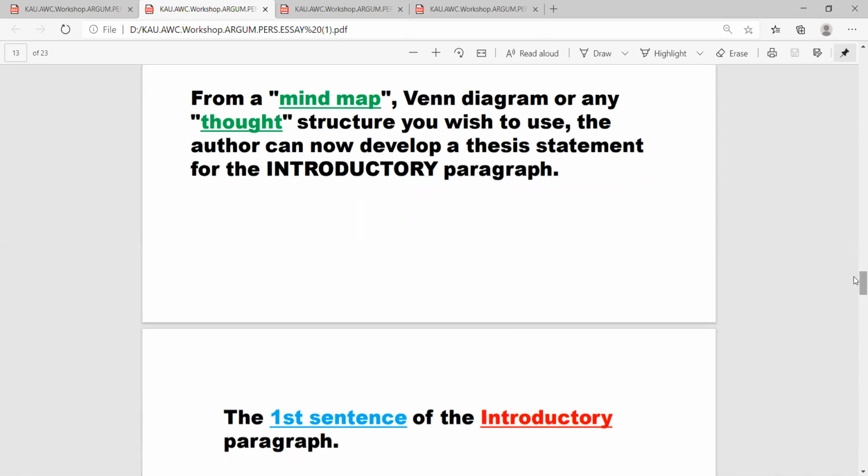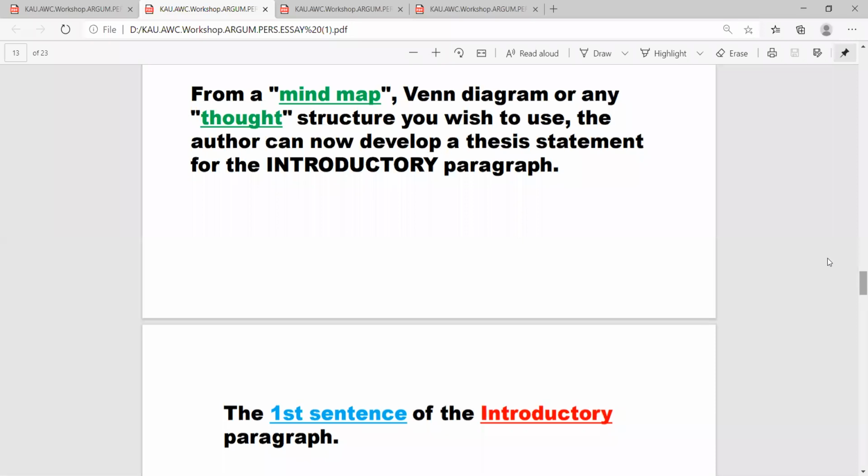Okay, and then you continue, of course, developing the ideas in body paragraphs, and then you conclude in the concluding paragraph with repeating the statements in a different way, perhaps with stronger words, more effective words, okay? But basically using the same idea.